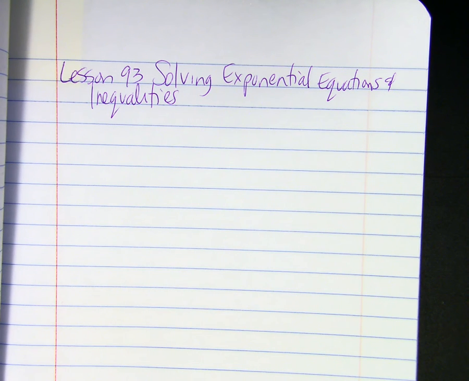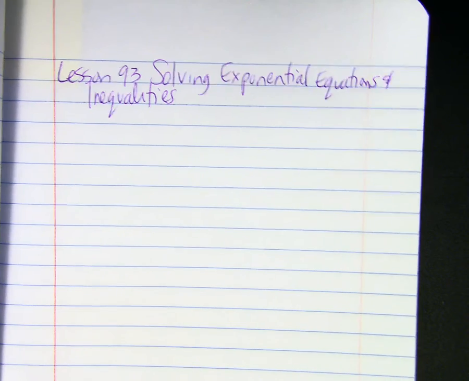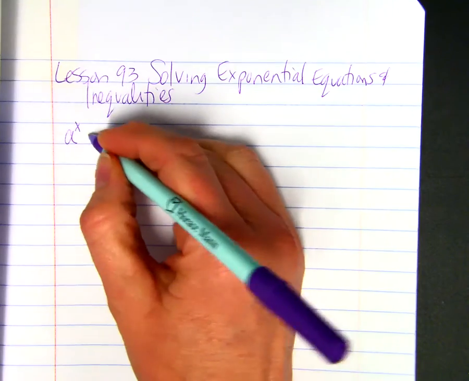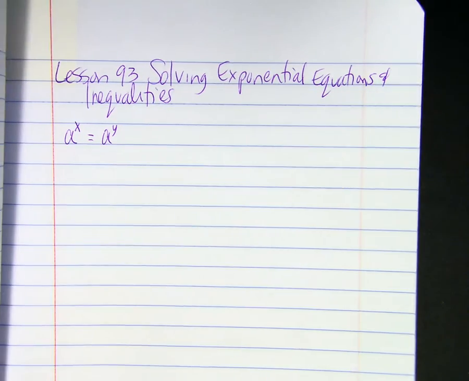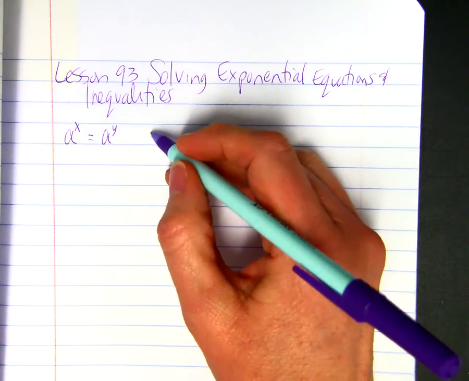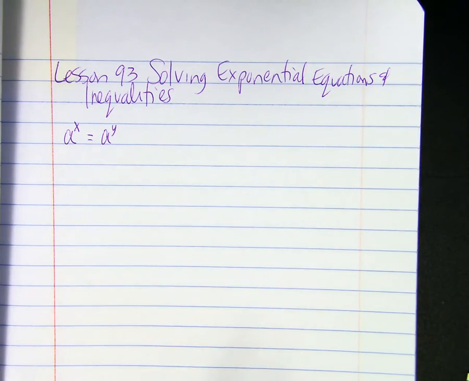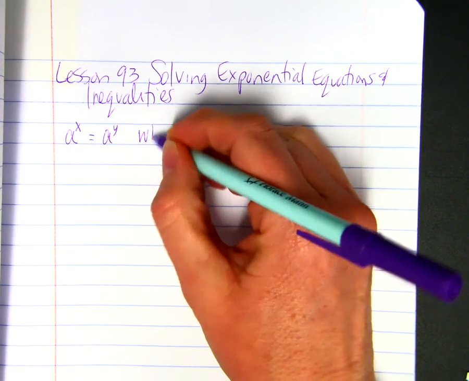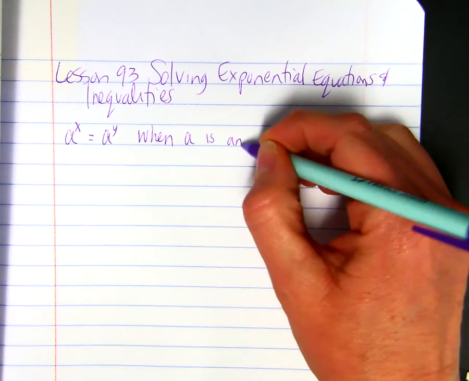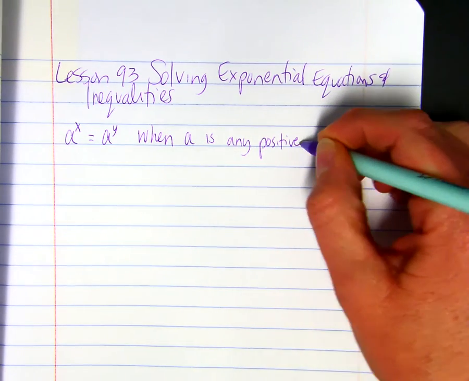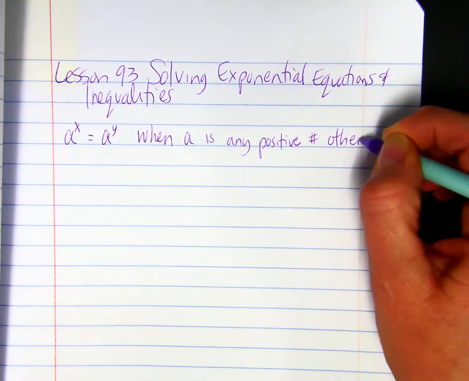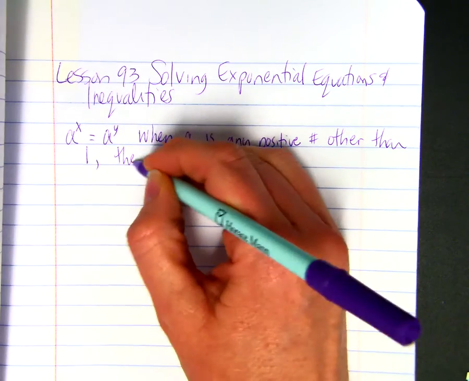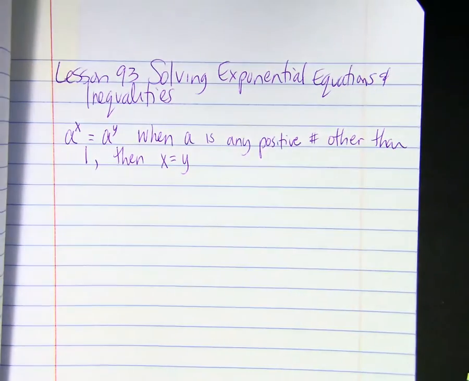So, when we have a to the x power equals a to the y power, when a is any positive number other than the number 1, then x will equal y.